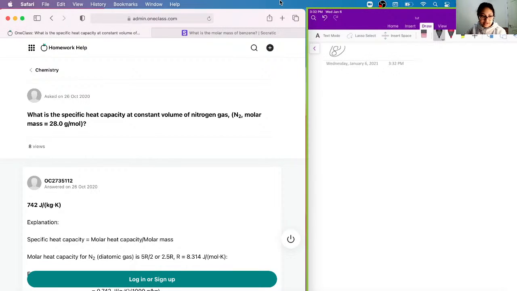Our next question says, what is the specific heat capacity at constant volume of nitrogen gas? And so the molar mass is given as 28.0 grams per mole.